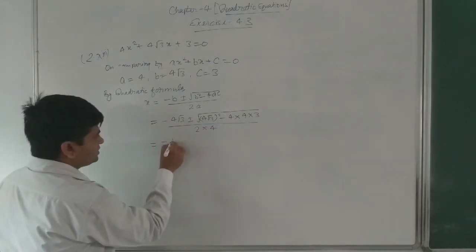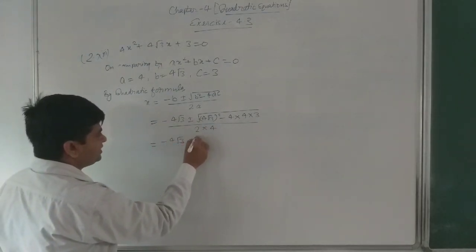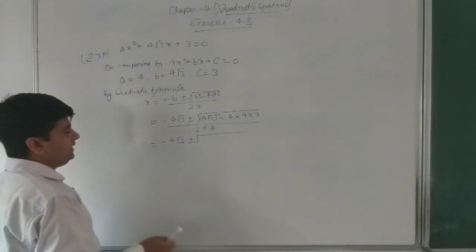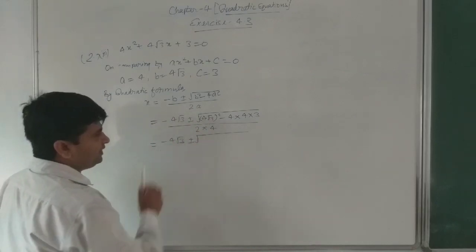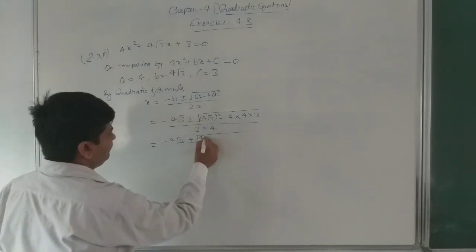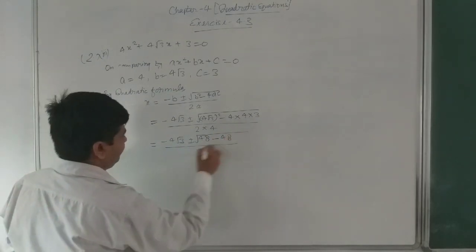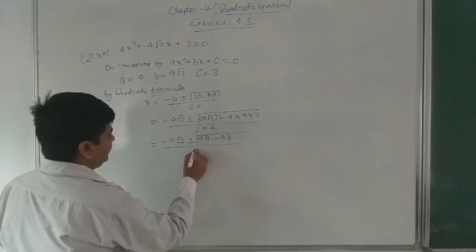Now minus 4 root 3 plus minus root, 4 root 3 square means square of 4 and square of root 3 multiplied. So 4 square is 16, root 3 square is 3, so 16 into 3 is 48 minus 4 into 4 is 16, into 3 is 48, again both are the same, upon 2 into 4 is 8.